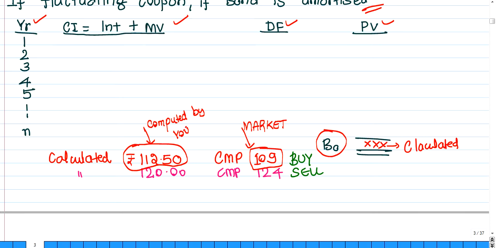This is the crux of this chapter. So the market price is 109, but as per your calculation it is 112.50. So what do you do? You will buy that bond because it is cheaper. The value is actually higher, but they are selling it lower, so at that time you will buy.